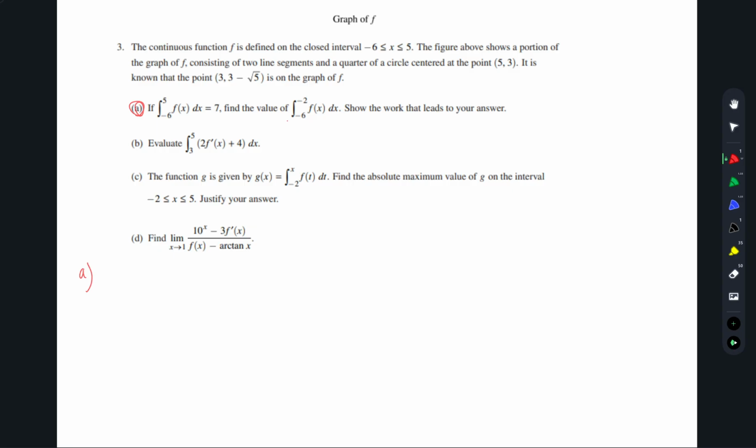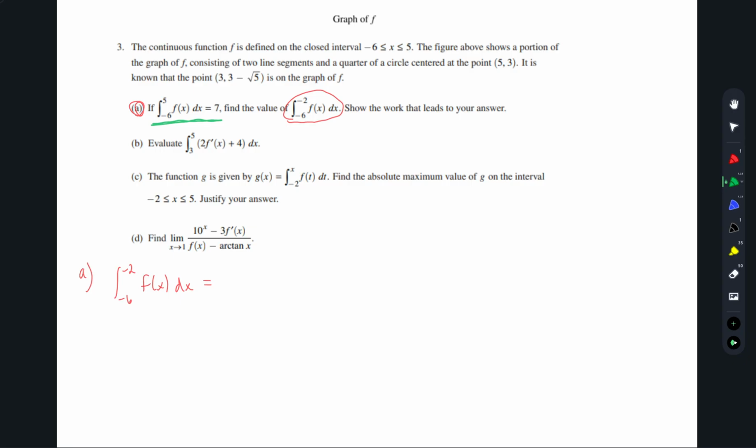So we want the integral from -6 to -2 of f of x dx. Okay, so we're given -6 to 5. This is how I organize my life with these, because I'm a super visual learner.